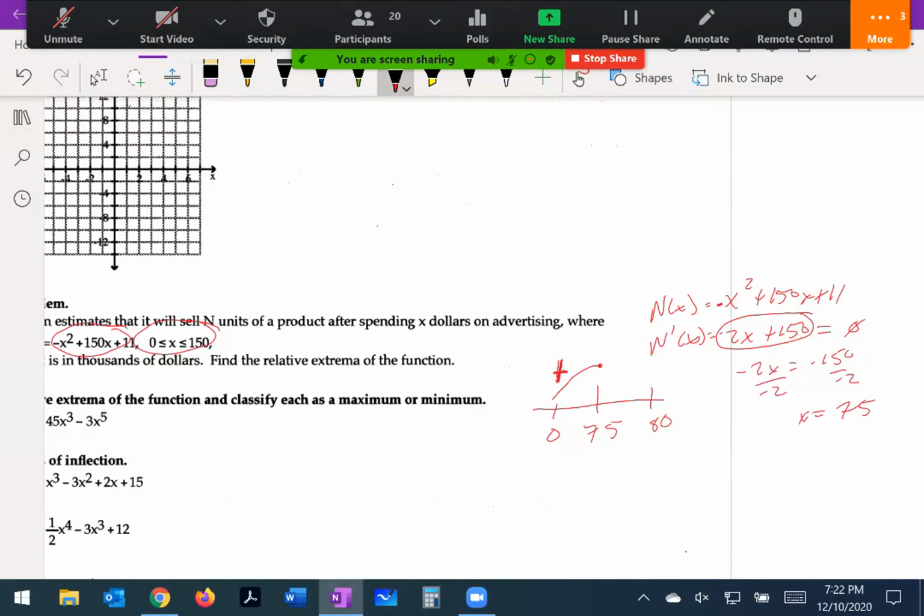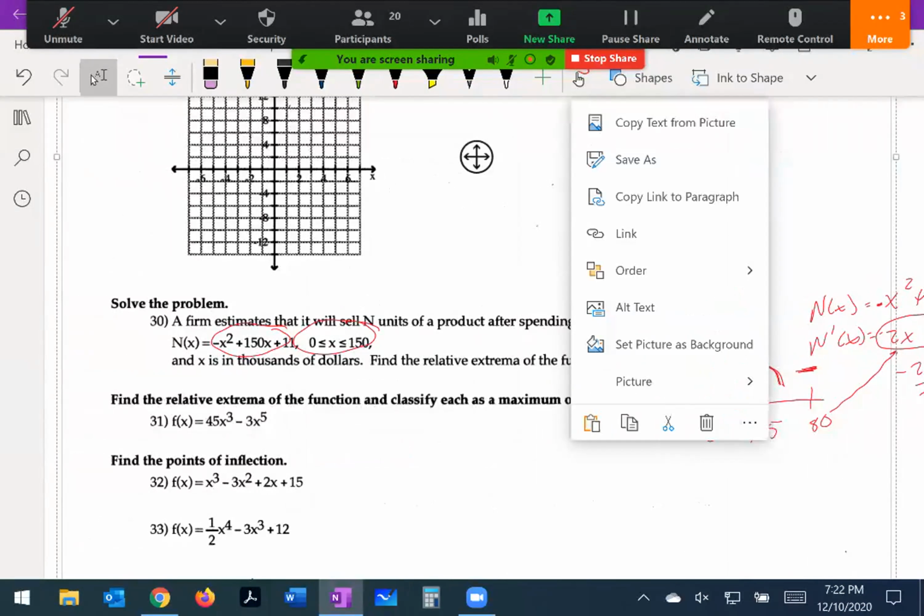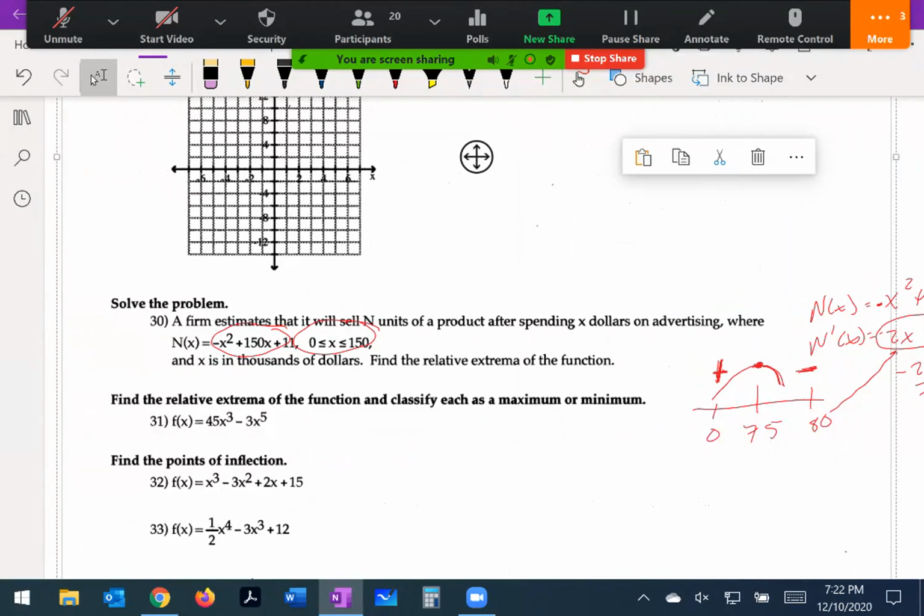And if I plug in 80, I get negative 160 plus 150, that's negative 10, so I get negative, and so it goes down. So it is a maximum. This is going to be the maximum.